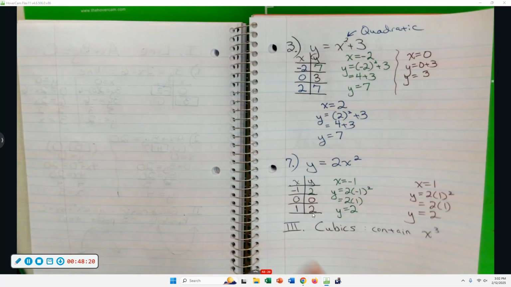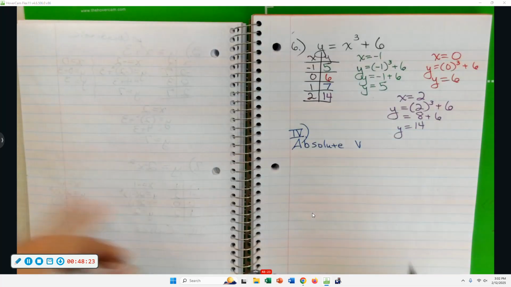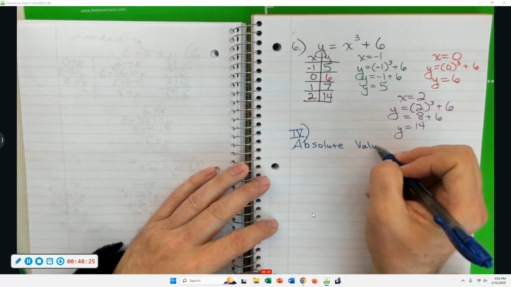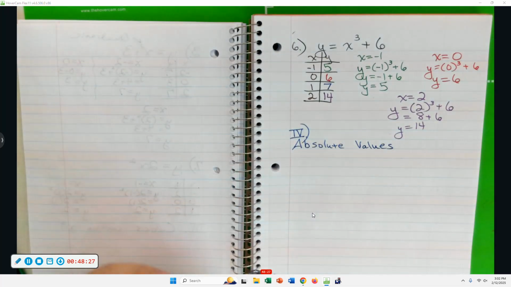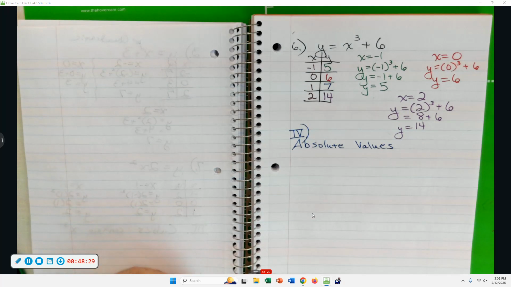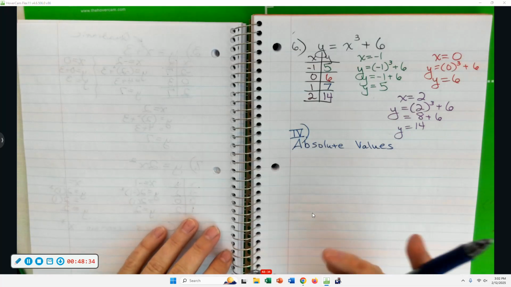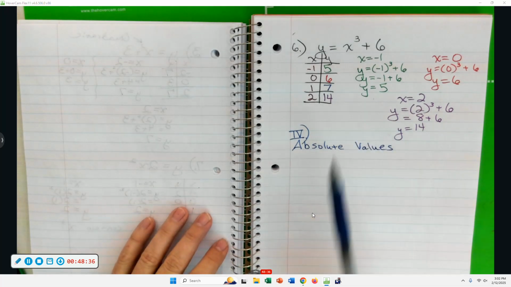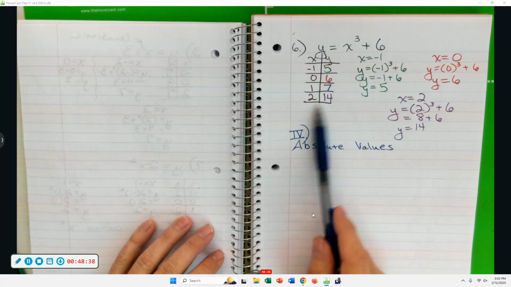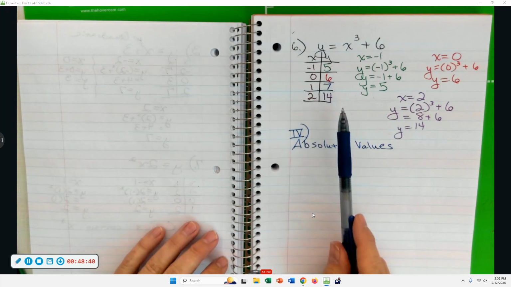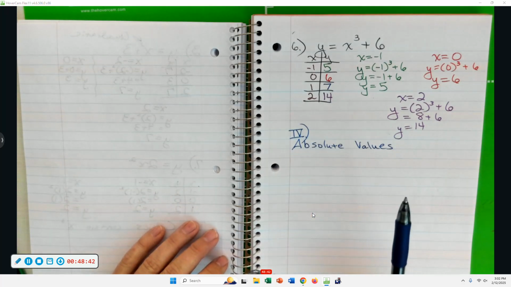Cubics. Now absolute values. Should you put that in parentheses? Oh, this is going to be the trickiest tool. This is the one. The trickiest tool, because with all the other tools you just plot the points in the order in which you find them. Here, you're going to have to plot the points in a specific order.